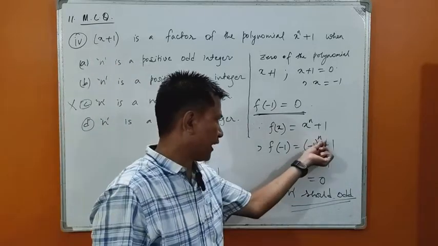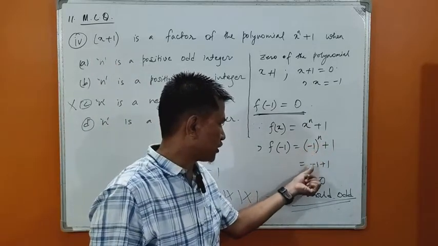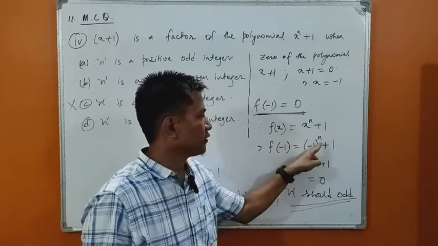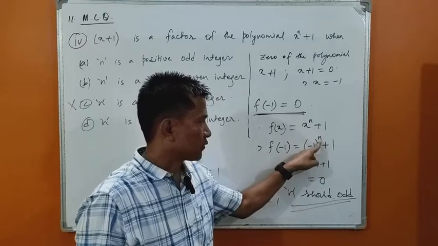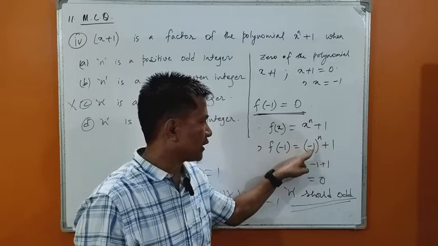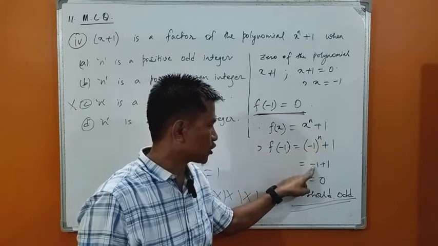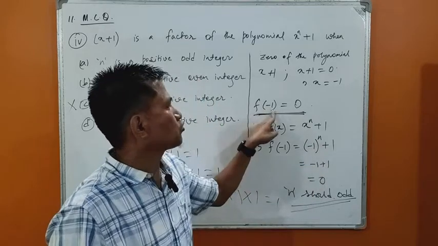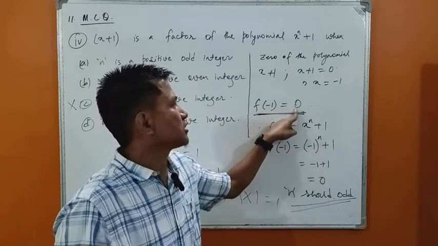So if n was even, the sign would have changed to plus 1. If n is a positive even number, then this minus sign will change to plus 1, and plus 1 becomes plus 2. So f(-1) will be plus 2, which is not equal to 0.